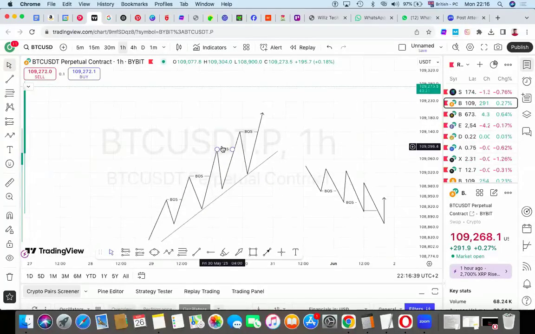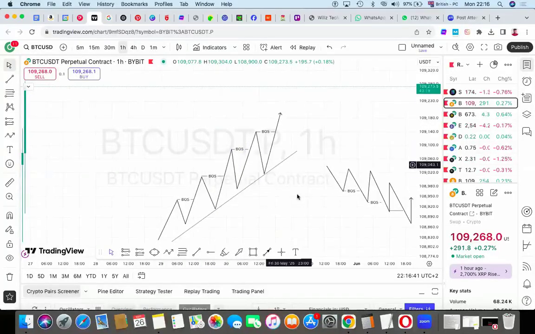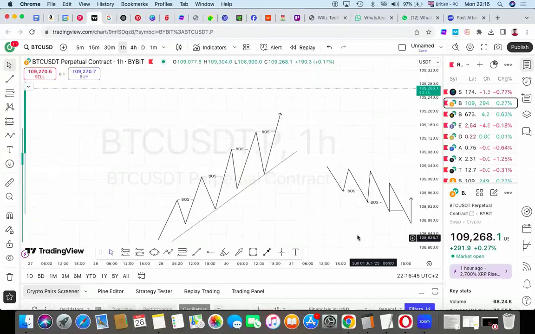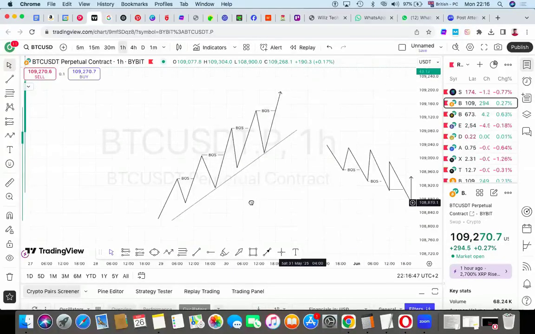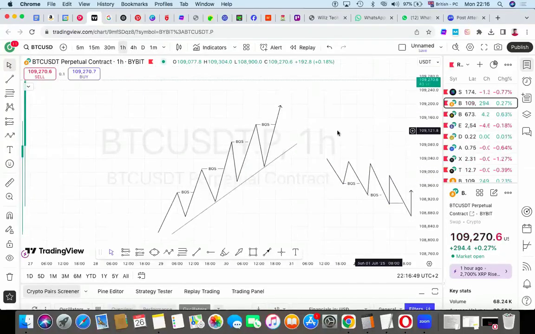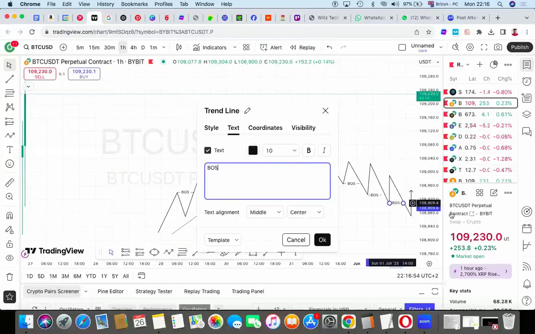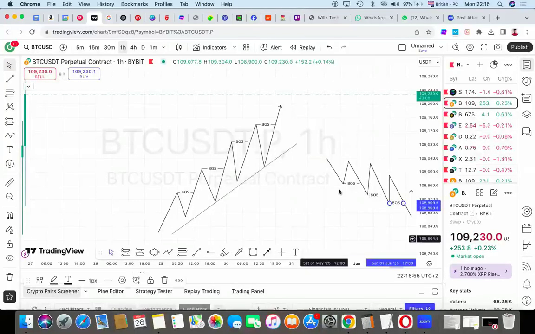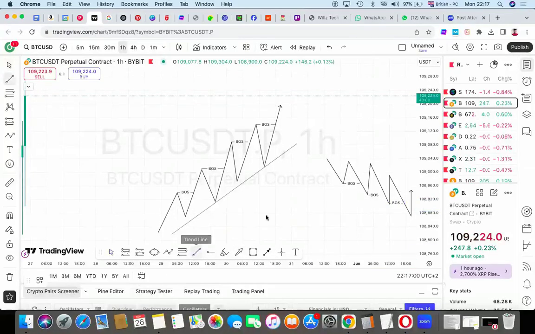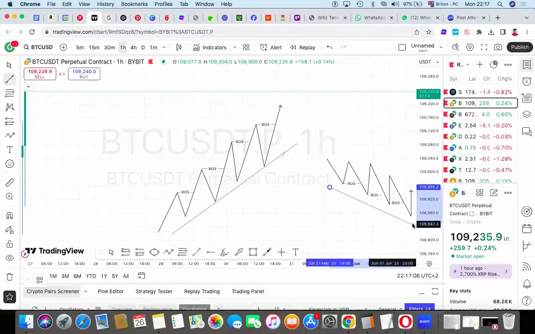Yeah, for the downtrend, this is what we have. And if you draw your trend line, you'll see what we have is a downtrend.